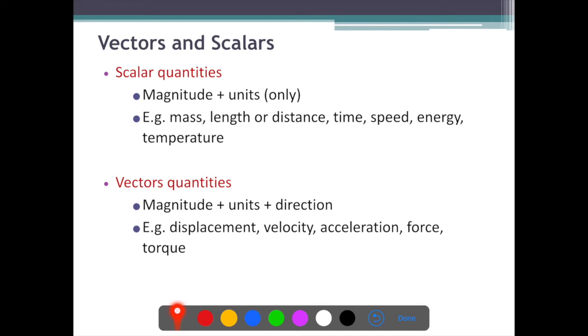Scalar quantities, on the other hand, only require the magnitude and of course a unit, and you don't need to specify the direction. Some examples of scalar quantities that we've learned are mass, distance or length, time, and speed. Later on, you will learn about temperature and energy. They are also scalar quantities.